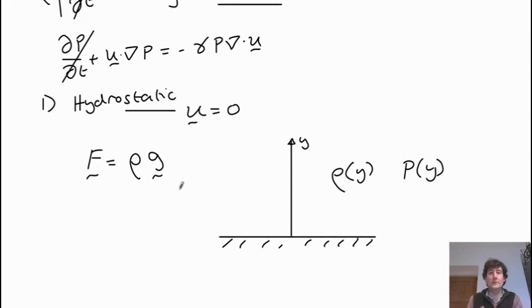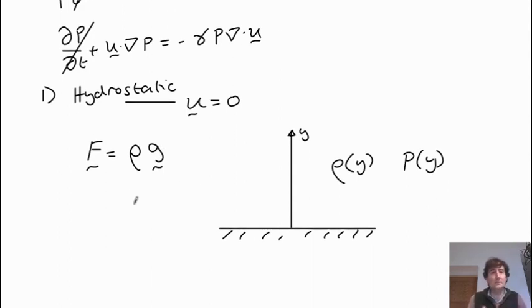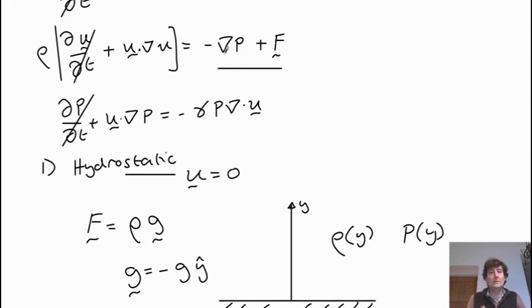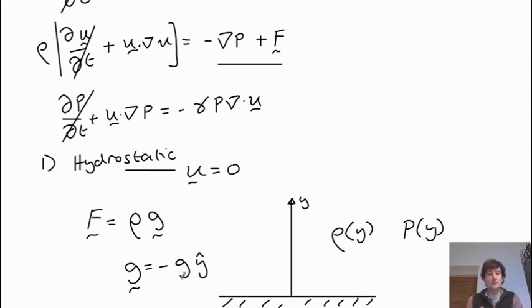And the force is just given by this. So I'm just going to call it g. g is downwards, obviously, so g is minus scalar g, which is 9.81 meters per second squared, times y. And this means that this entire thing just becomes dp by dy is equal to minus this.